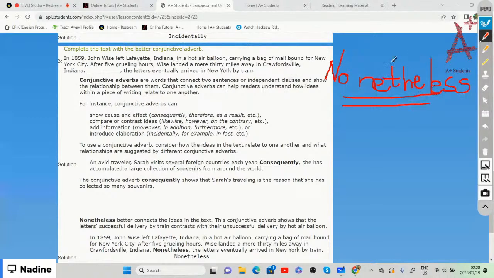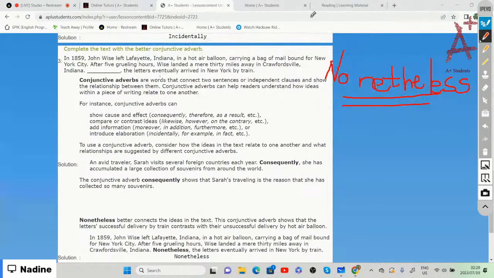And the conjunctive adverb nonetheless shows that the successful delivery of the letters by train contrasts with the unsuccessful delivery by a hot air balloon. So clearly, they are giving this indication that, firstly, the hot air balloon is quite slower, and can also be a bit unsuccessful in delivering the letters, right?